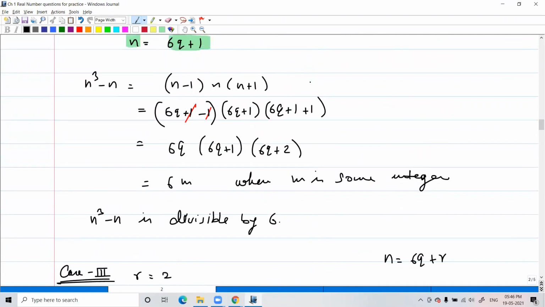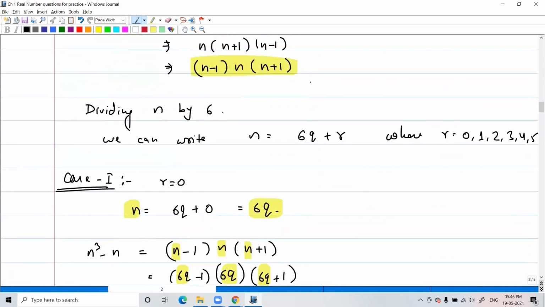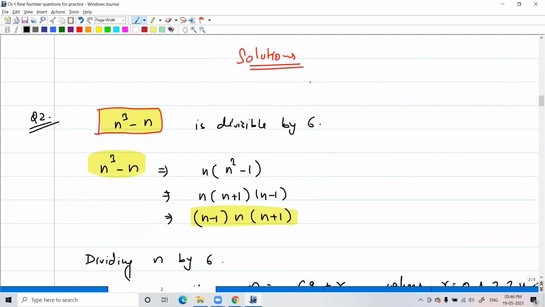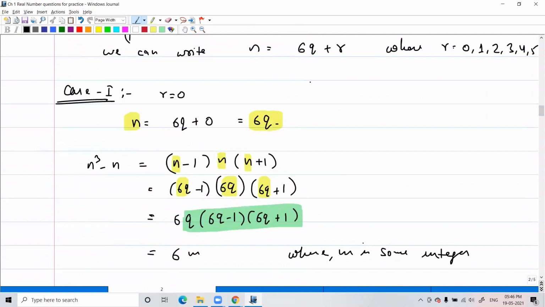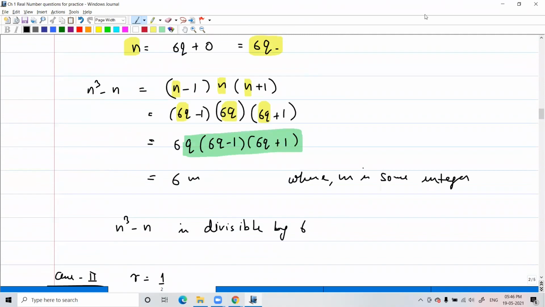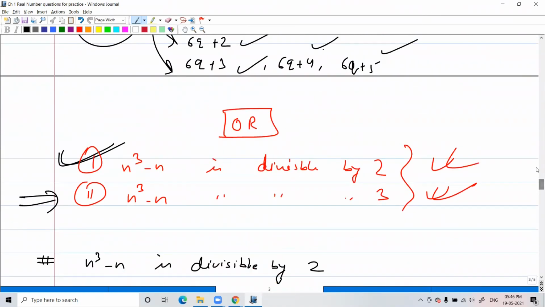We divided the number by 6 itself, and then we understood that in all those cases, at least 6 will be a factor of all of them. So it is divisible. And then I told you that it can also be done by proving that it is a factor of 2 and 3 separately.